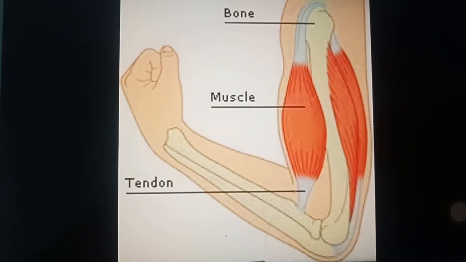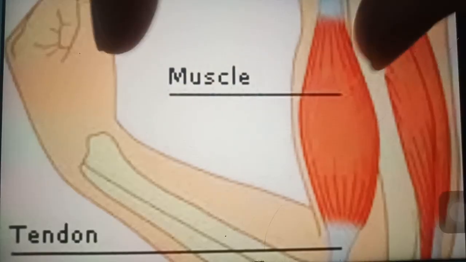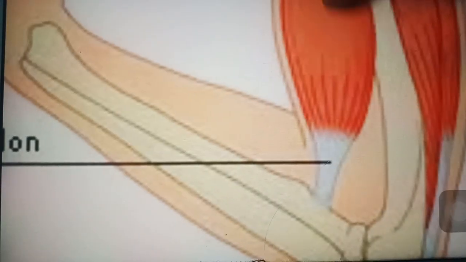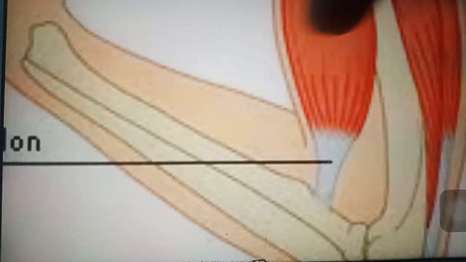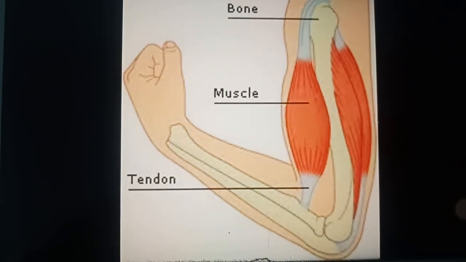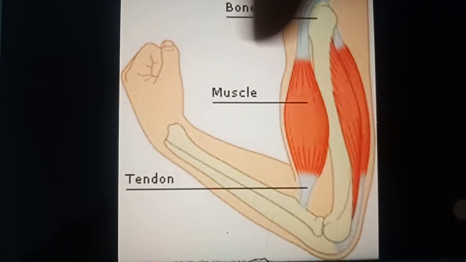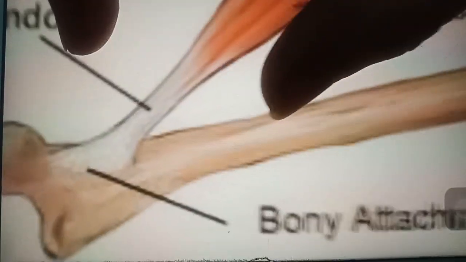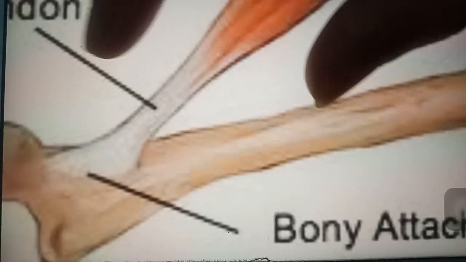See, muscles are attached to bones by tendons. Just because of the tendon over here, muscle is attached to a bone. So tendons also play a very important part in our body. You can also see here, this portion is your tendon, okay?